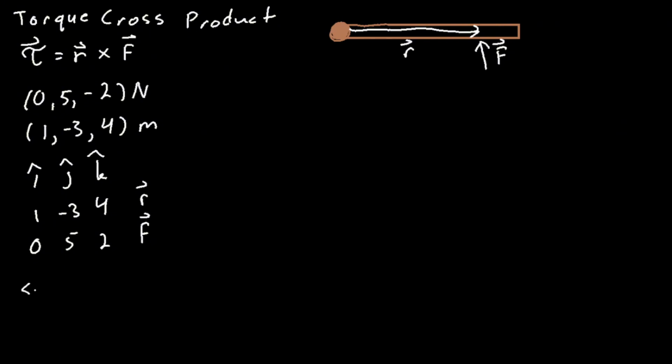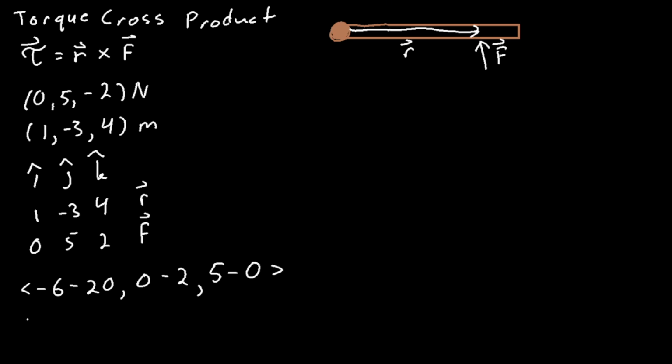Let's go. -6 minus 20, comma, 4 times 0 is 0. 1 times 2 is 2. And the last part is going to be 5 minus 0. Because we multiplied 1 by 1 and 5 here, and 0, -3. You get 0.